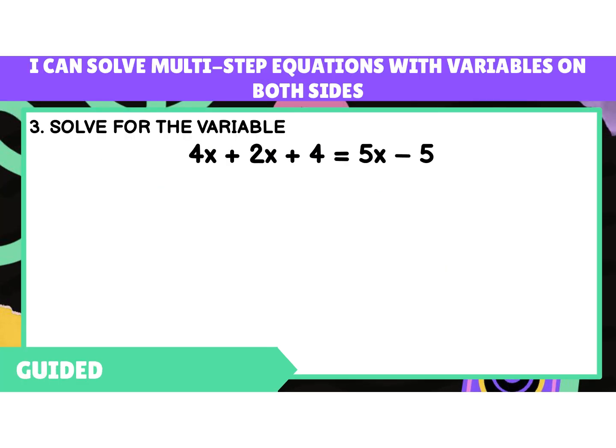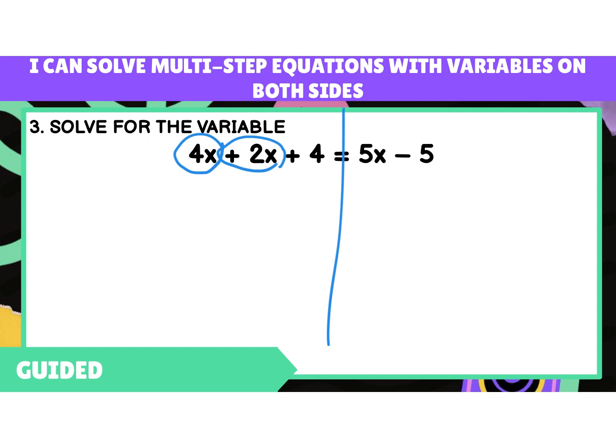Ooh, this one's interesting. Lines down my middle. Now, this time we have like terms on the left side and terms on opposite sides. So the first thing we're going to do here is the 4x and the 2x are on the same side of the equal sign.